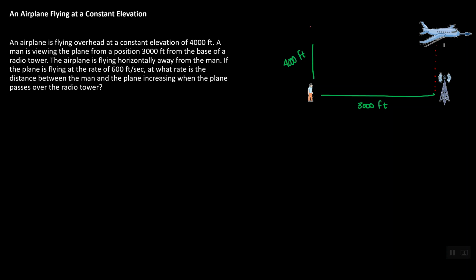So when the plane was directly over the man, the vertical distance was 4,000 feet. Horizontal would be 0 if it's perfectly overhead. And then as the plane is flying away from the man, we can use a distance here to be the horizontal distance between the man and the plane.